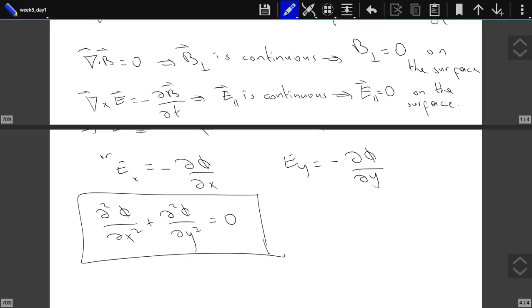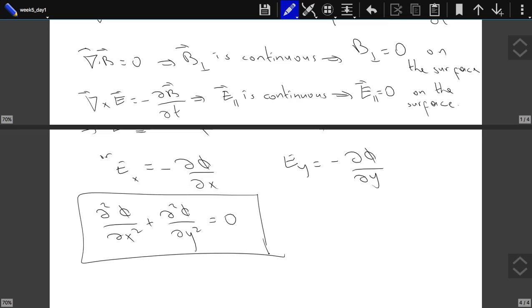The parallel component of the electric field. Well, you see the potential difference between 2 points on the surface is nothing but the integral of the parallel component. So the surface is an equipotential surface. But if the surface is an equipotential surface, furthermore, phi satisfies the Laplace's equation inside, it has to be constant. Because on the boundary, phi has a constant value.